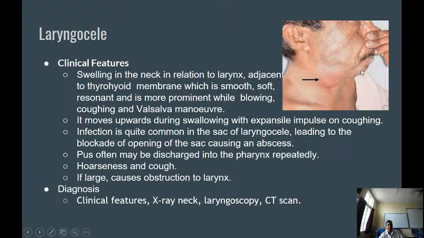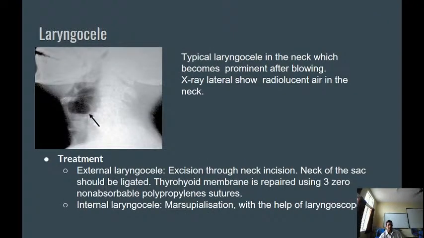You will see that the swelling increases, and that is diagnostic of a laryngocele. And radiologically, you can confirm this. As I told you, for the internal laryngocele you marsupialize with the help of a laryngoscope, and for the external laryngocele, excision of the sac through the neck.